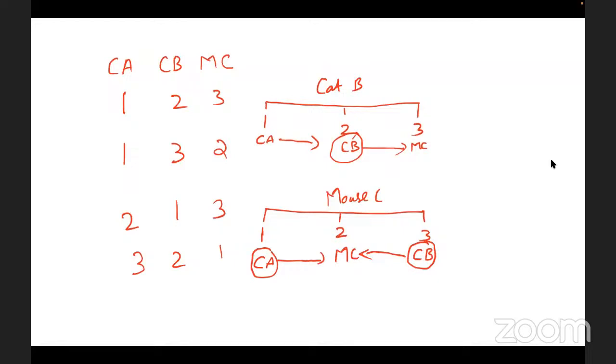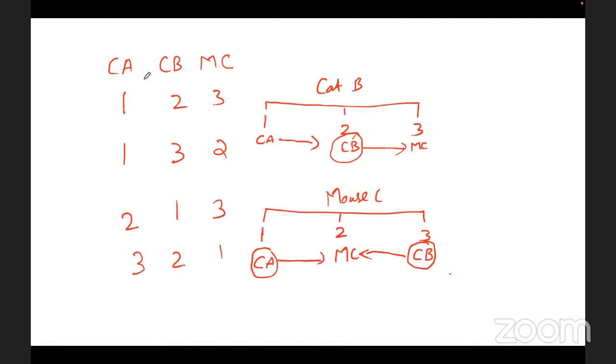Okay, so let me tell you the things. Simple. So what you give us, we have to take the difference, right? So we have cat A, cat B, and mouse C. Clear? So what I'm gonna do is I'm gonna take the difference.